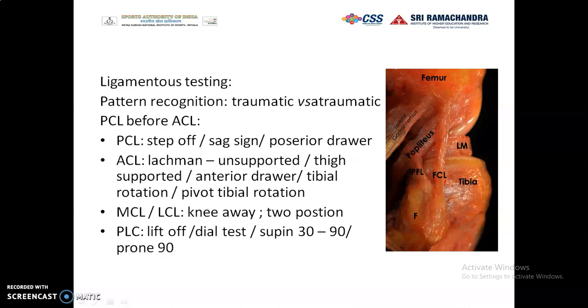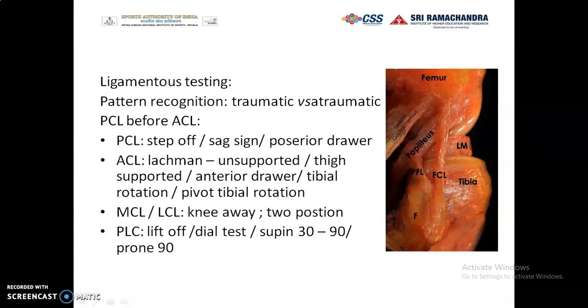A Lachman can be performed unsupported or thigh supported, or anterior drawer, tibial rotations and then pivot shift. So before you check the ACL, make sure the tibia has to be in neutral position. So you have to push the tibia backward first, check the PCL. Is there any posterior translation? If not, then try to do a Lachman.